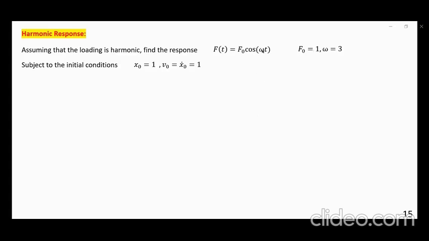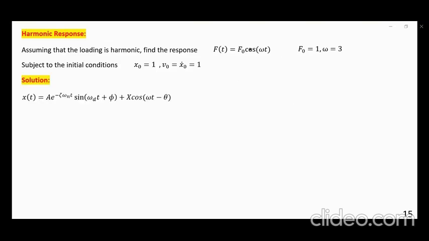Now we are told that the driving frequency omega is 3, and the amplitude of the applied force is 1, and given initial conditions. Now I just want to point out that natural frequency came out to be 1. So this is not a resonance case. So there is a value of R involved here, R equals omega over omega n, which is going to be 3, by the way.